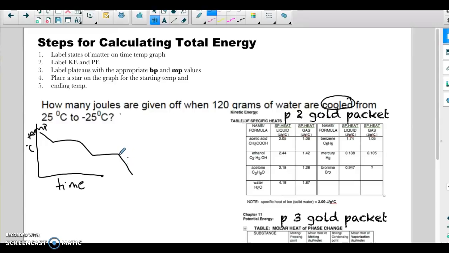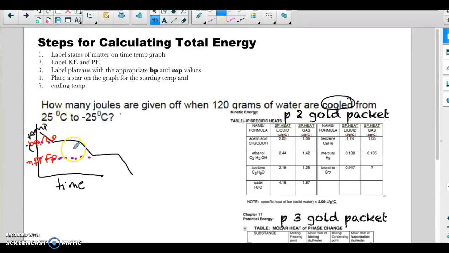And then I'm going to also label the temperature at those spots. So this would be the melting point and the freezing point. This would be the boiling point and the condensation point.